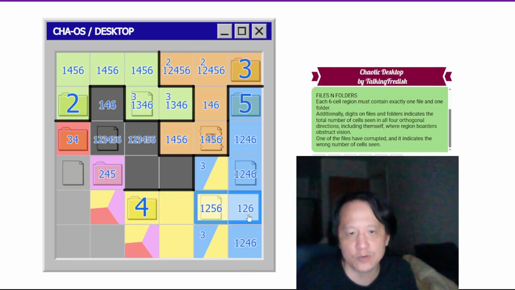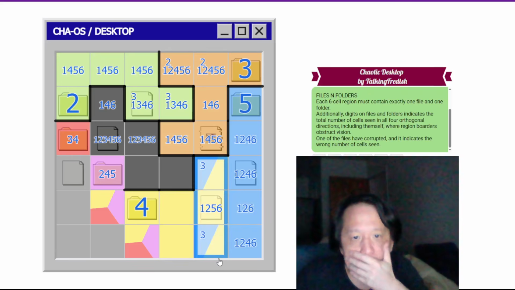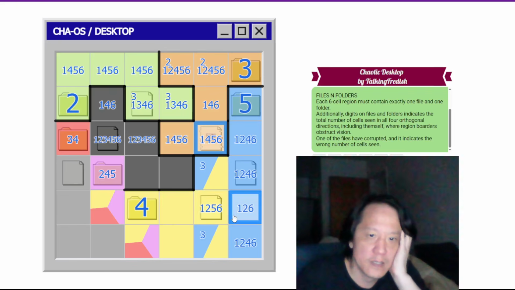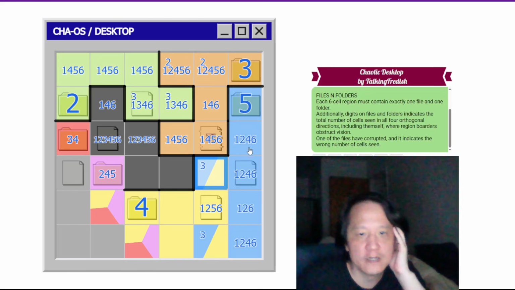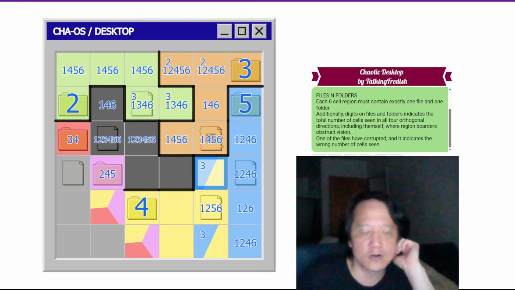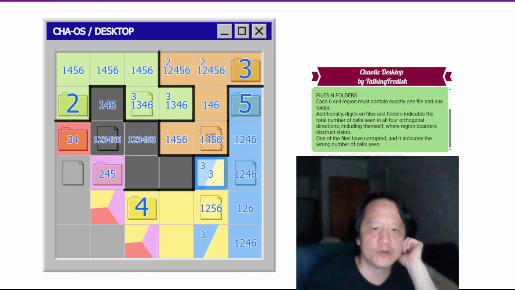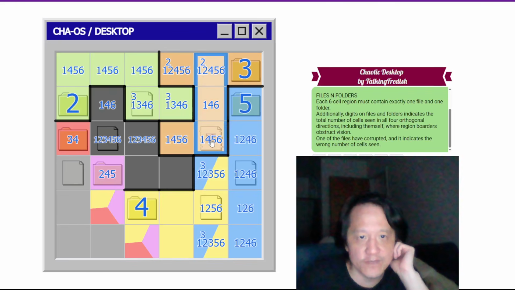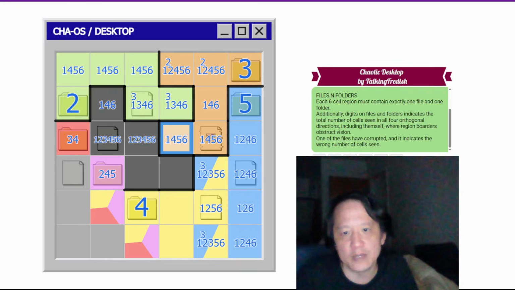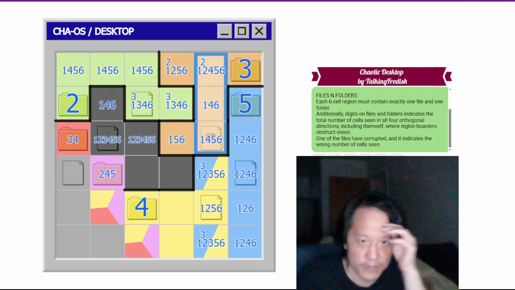That eliminates 4 in the rest of the row. This cannot contain, so we have a 3 here, and we can't have 4 here. So this is 1, 2, 5, 6, which means 4 in column 5 has to be one of these 3 cells. So that means this can't be 4 and that can't be 4.